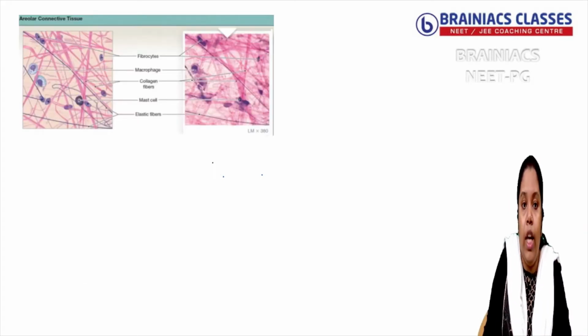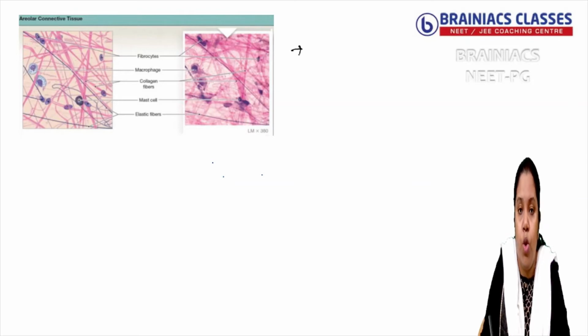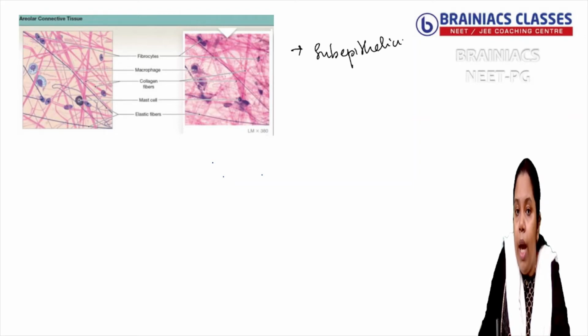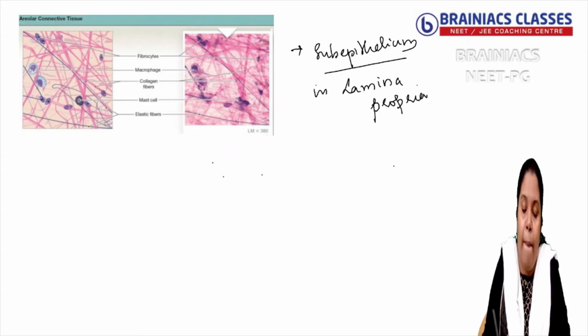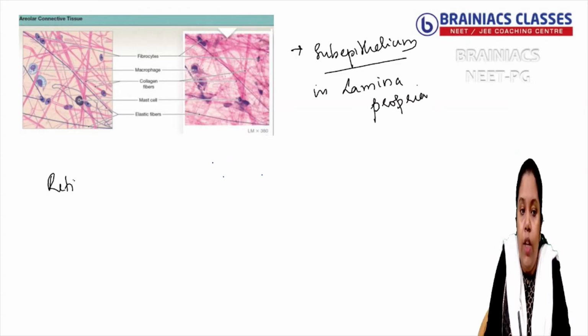We'll take one by one. First, the areolar connective tissue. Where can you see this? The areolar connective tissue is seen in the subepithelium, like the lamina propria. Then reticular connective tissue.